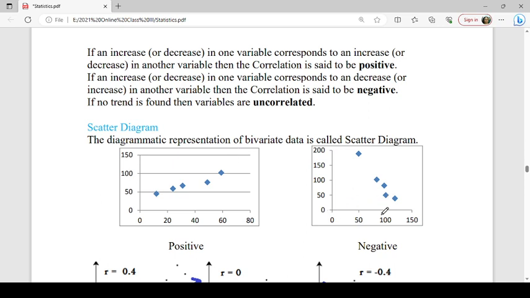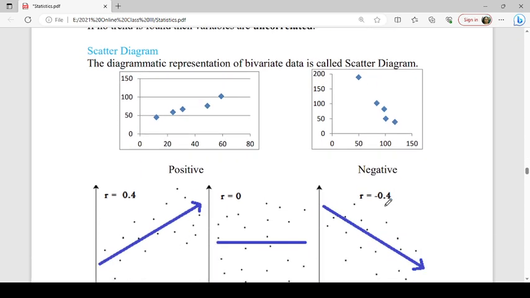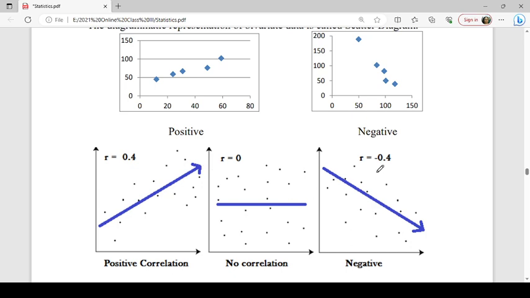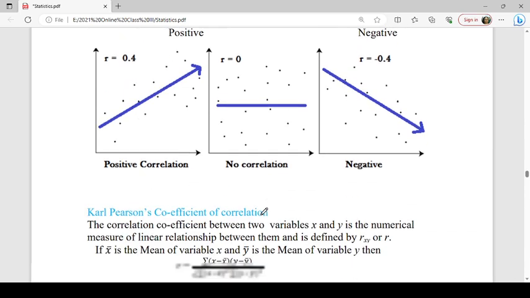And if x increases, y decreases. So here x is more, but y is less. Here x is less, y is more. So it is a downward trend. So we say it is negative correlation. So this is positive, negative. If we cannot find any trend, then we cannot say that there is some correlation.